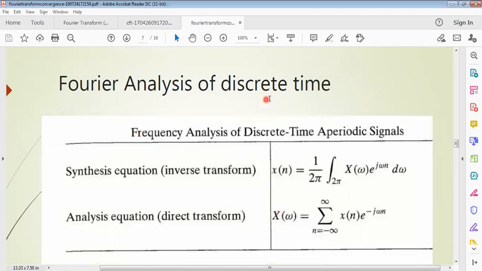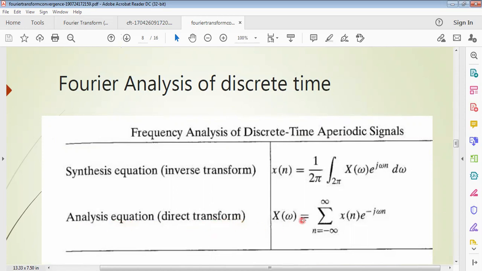Now Fourier analysis, that is, frequency analysis of discrete time. This is the synthesis equation, the inverse transform, and this is the analysis equation, the direct transform. Before this, we have to understand integral transform. What is integral transform? Because we are using integration in the analysis equation.